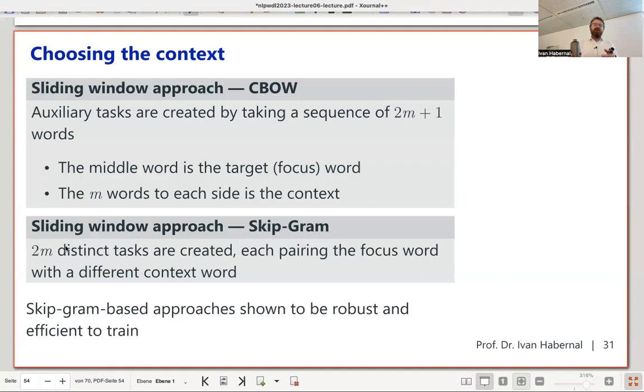If you're more interested, I had an extra lecture on embeddings with, let's say, syntactic dependencies or multilingual word embeddings. I think this lecture was 1 or 2 years ago, so it's on YouTube, so you can watch it.